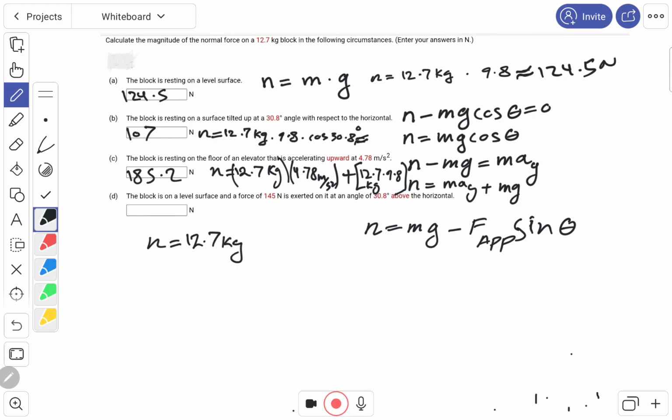For part D, the normal force is 12.7 kilogram, the mass of the object, times 9.8, which is the absolute value of the gravitational force, minus 145 Newton times sine of, the angle is above the horizontal, so it's positive 30.8 degree.